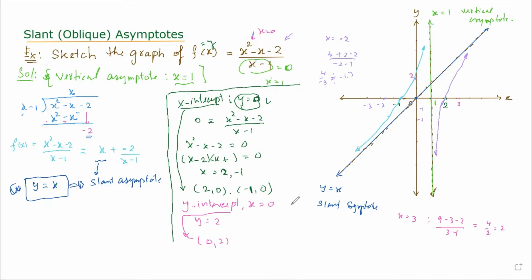Okay, if you want to ask the domain, you can see the curve, the graph on the blue one and the purple, right? And this one approaches the vertical asymptote here. And this one also approaches the vertical asymptote. And this one goes further to positive infinity, right? And this one also to negative infinity for the domain.